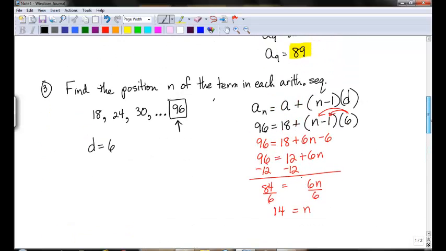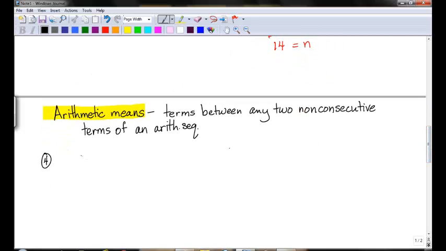Okay, another example. Say they ask you to find 3 arithmetic means between 18 and 54.